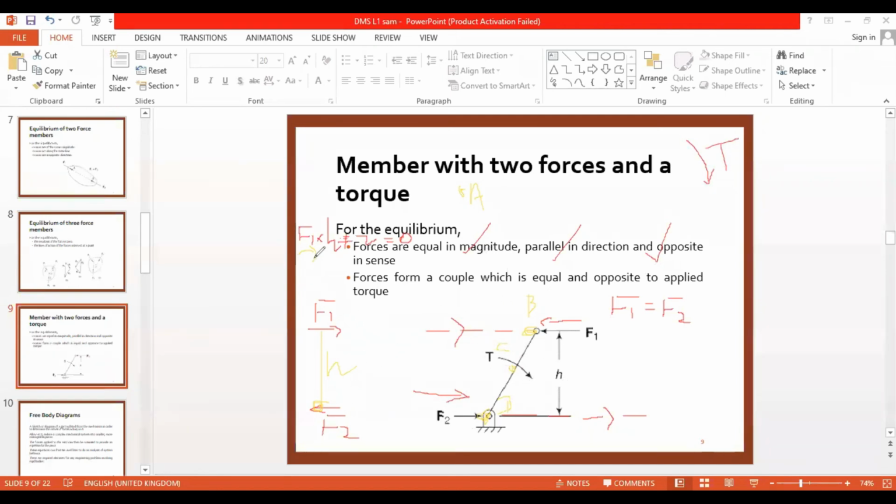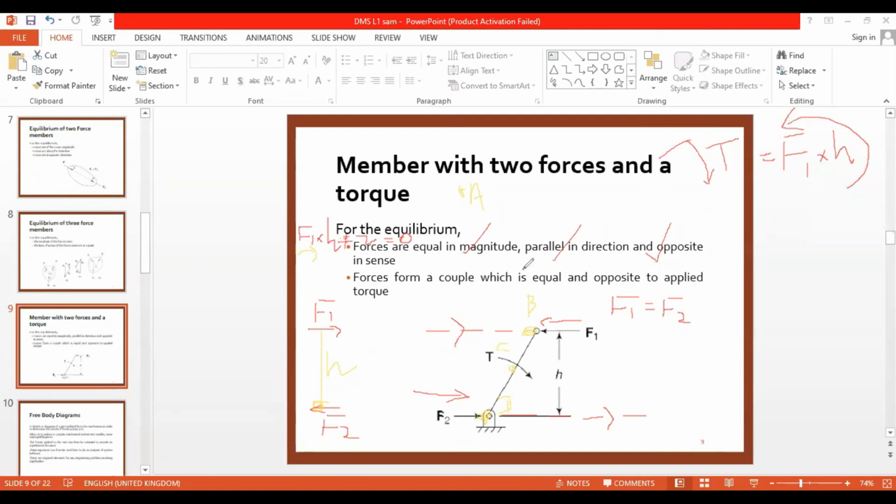So our couple, that is F1 into H, is the couple we derived, right? It should equal, so this torque should be equal and opposite in direction. So if this is going in the clockwise direction, this should go in the anti-clockwise direction, right? If torque is going in the clockwise direction, our couple should go in the opposite direction.